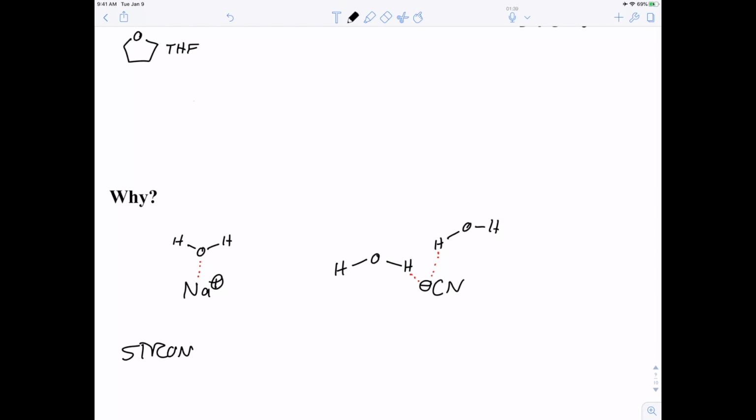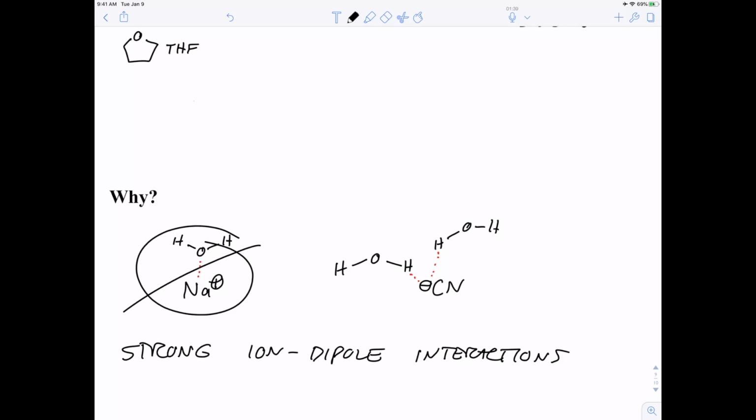These are sort of like ion-dipole type interactions. And what that does is it's fine for the sodium, we don't really care about that, but our cyanide is our nucleophile. If it's surrounded by all of these hydrogen bond donating water or alcohol molecules, then it's not going to be as freely, readily available to go out and attack the electrophile.